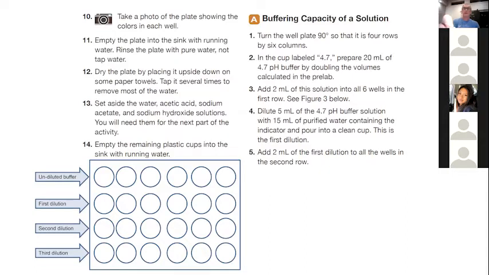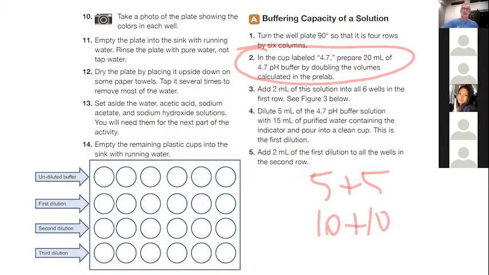We're going to make 20 mils of pH 4.7 buffer by doubling the volumes we did before. And since it's 4.7, I think we know what those volumes are going to be. Instead of 5 plus 5, we're going to do 10 plus 10 mils, acetate and acetic acid.